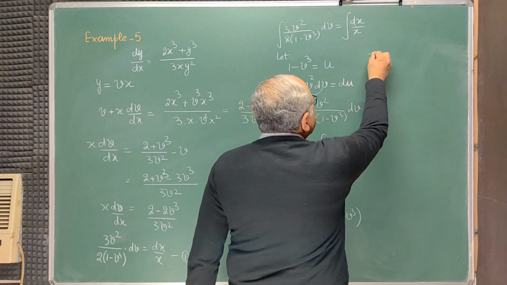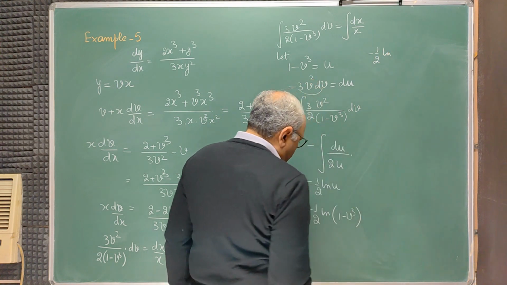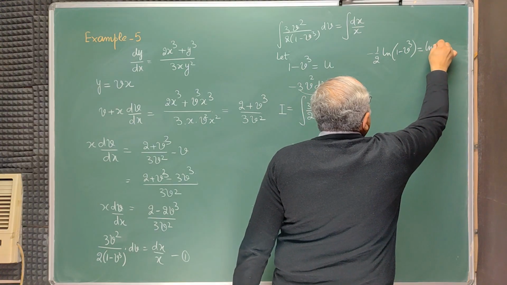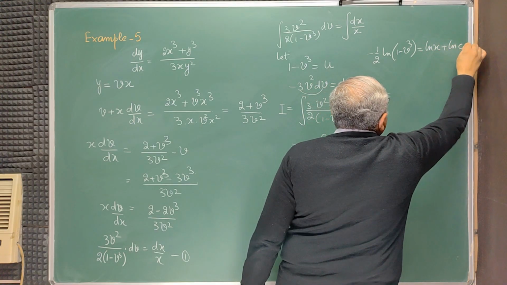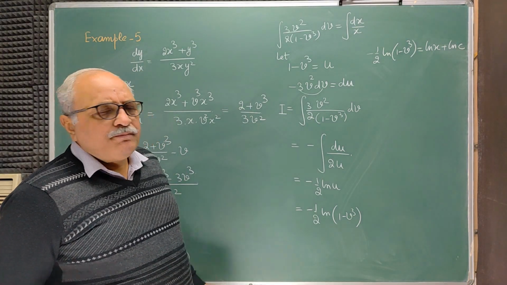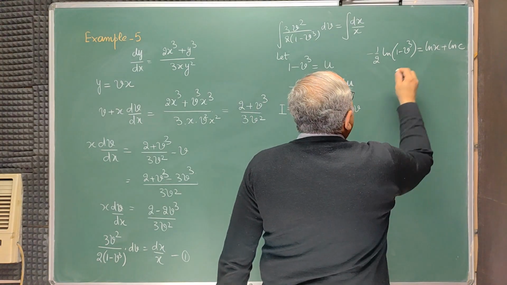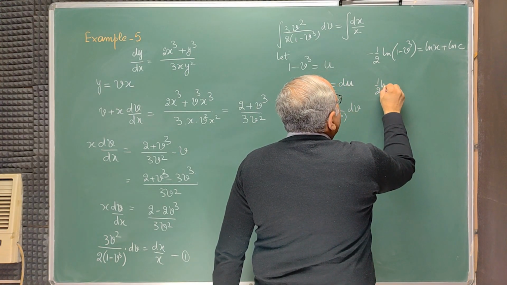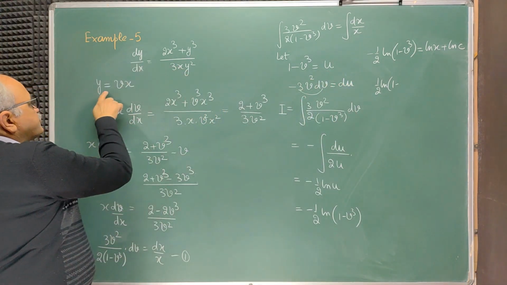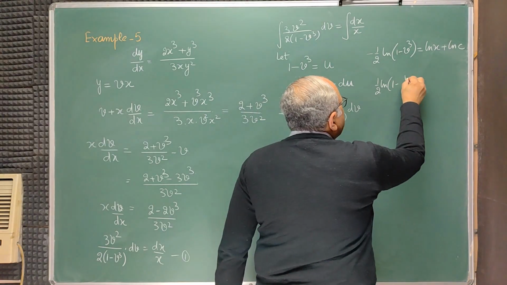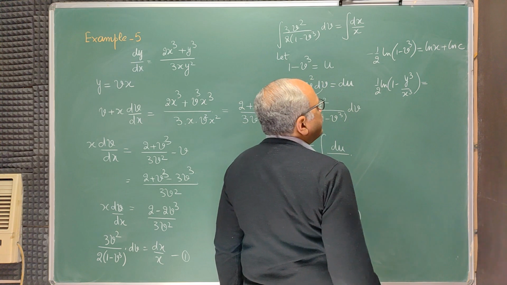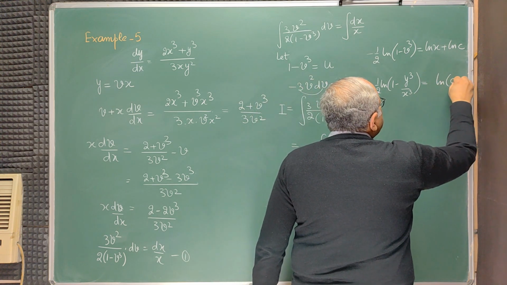So I have minus half log 1 minus v cube is equal to log x plus say log c. I am using this constant of integration as c just to keep things easy for me, and this now will be equal to half log 1 minus v cube, and v we have equal to y by x. So I will put this as y cube divided by x cube, and that is equal to log cx.